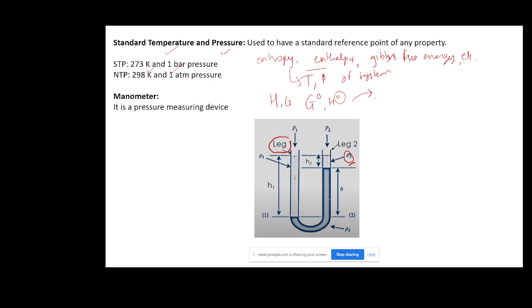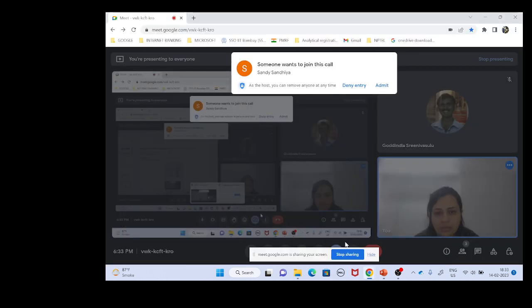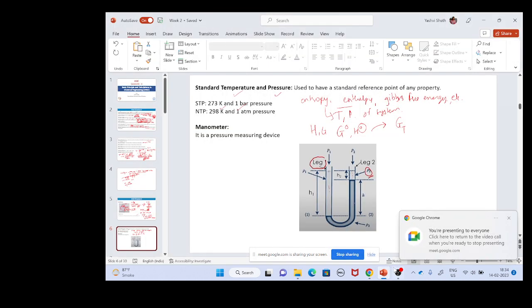Now if you want to measure at any other temperature or pressure, it will be easier to relate, because we can do experiments and find the correlations on how to relate, for example, G at any temperature T with G naught.